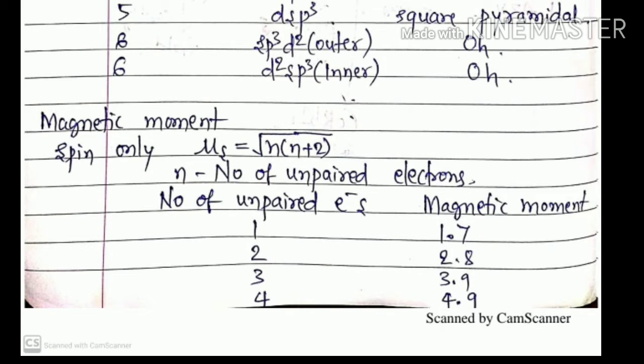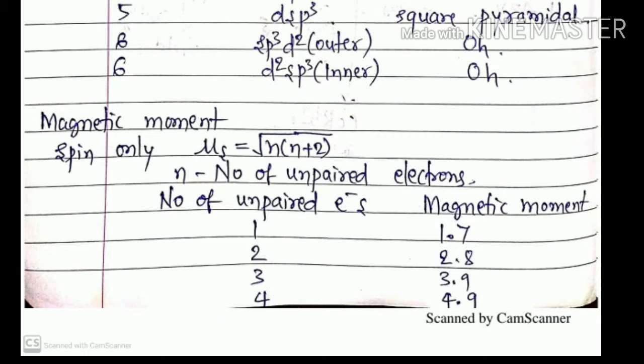This formula is the spin only formula: mu(s) is equal to root of n(n+2), where n is the number of unpaired electrons. If the number of unpaired electrons is 1, then the magnetic moment is 1.7. If 2, the magnetic moment is 2.8.